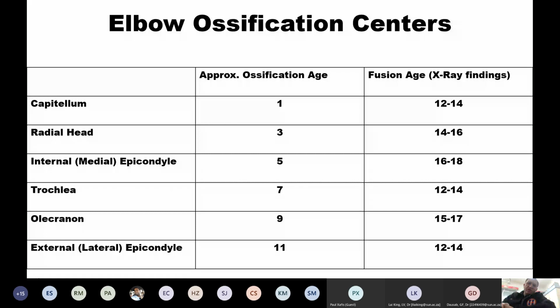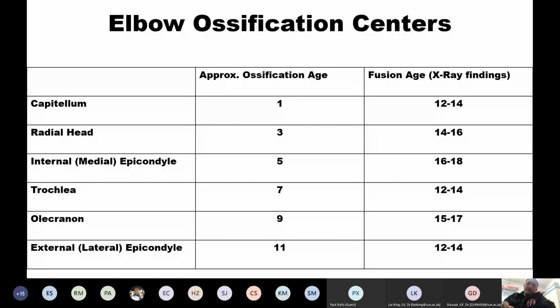So again, Cloete, the mnemonic. Looking at this table, at 3 to 5 years the medial epicondyle ossifies, and following that, the trochlea, olecranon, and lateral epicondyle.